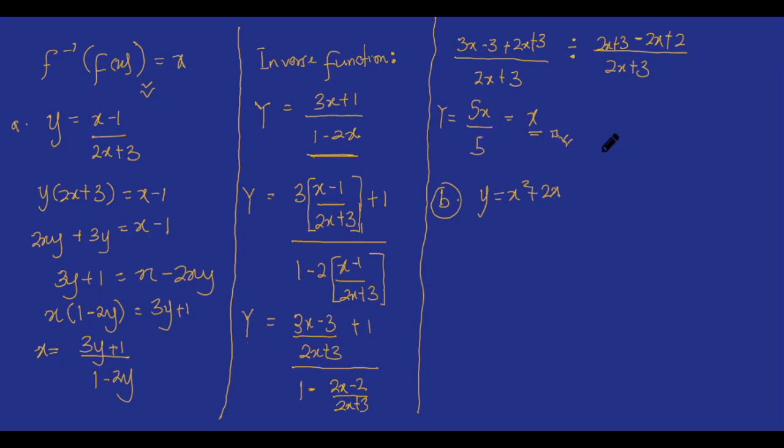So if we want to solve a question like that and we still want to find the inverse of the function, just like in this case, we would have to restrict the domain such that we wouldn't have multiple values for each input. In this case, if you take a look at a sketch of the function y is equal to x squared plus 2x, you would notice that it has a turning point at x is equal to minus 1.